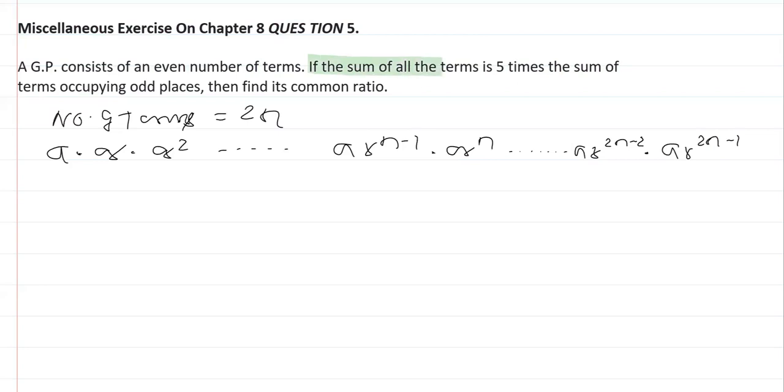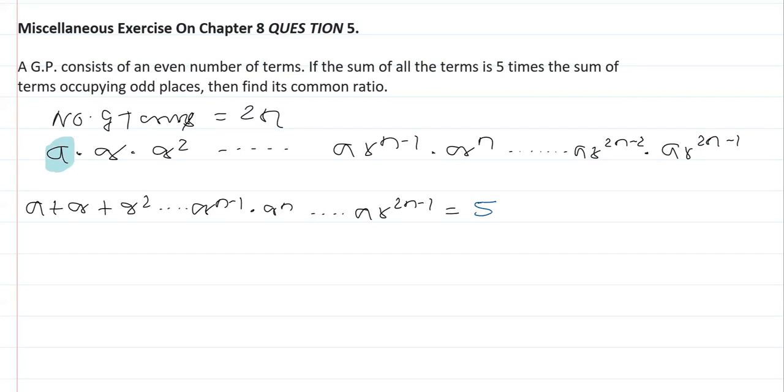They say the sum of all the terms is 5 times the sum of the terms occupying odd places. So first I'm writing the sum of all terms: a plus ar plus ar square, up to ar raised to the power n minus 1, ar raised to the power n, and the last term ar raised to the power 2n minus 1. This is equal to 5 times the sum of the terms occupying odd places.